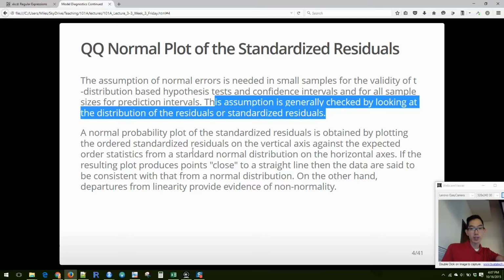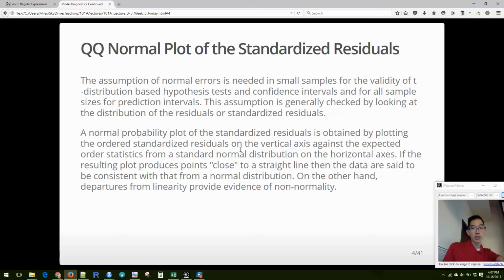We look at the distribution of residuals and the normal plot. The key thing is when you create your QQ normal plot, the dots of your residuals should look like a straight line. And again, the answer is not always clear cut as to whether things fit a straight line or not.